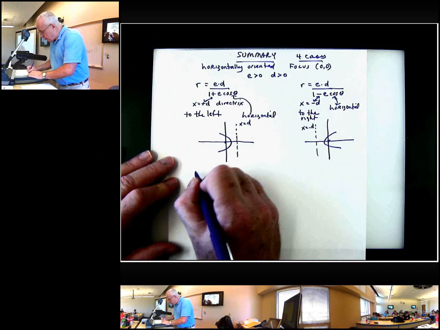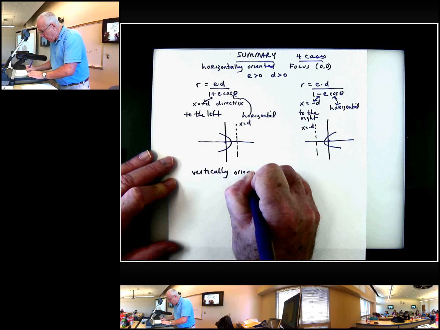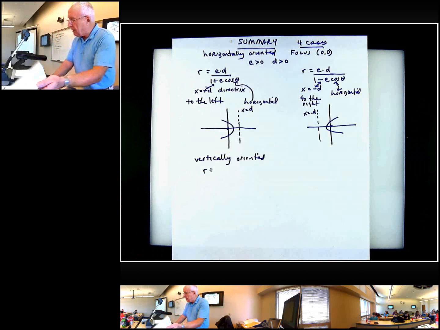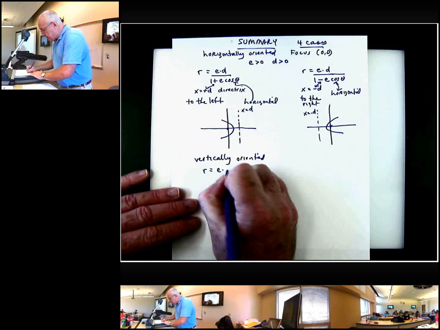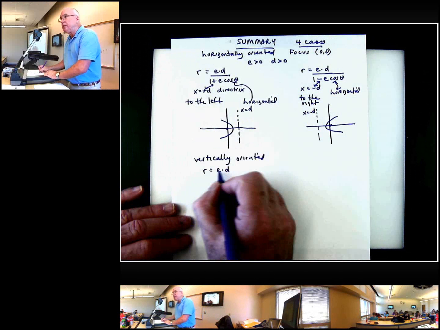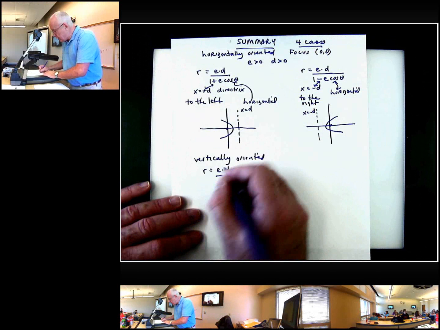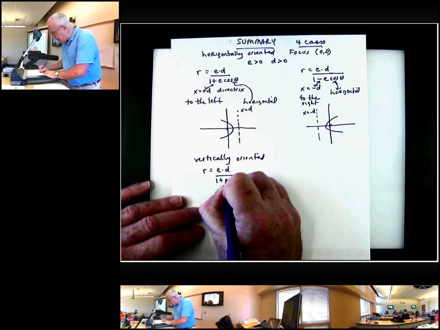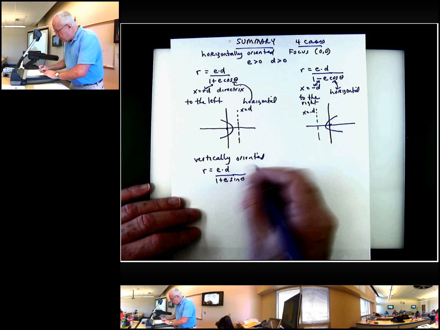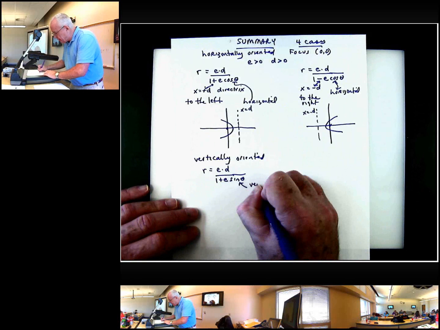Then we have the vertically oriented. This time it's again r equals ed. Notice it's the same thing on the top all the time. E times d. E is the eccentricity, d is the directrix. And then one case is going to be 1 plus e sine of theta. This is vertically oriented, we've got the sine.